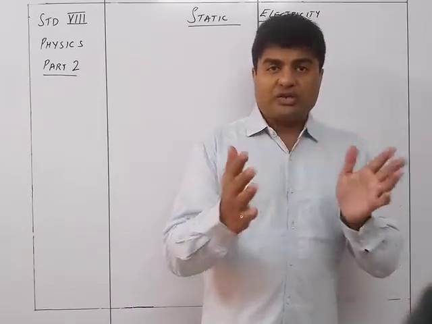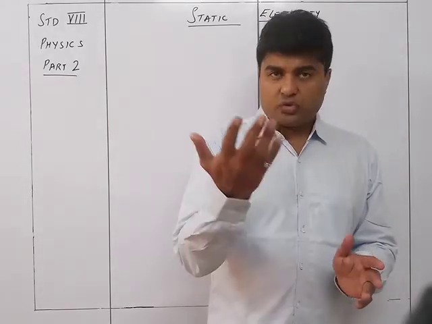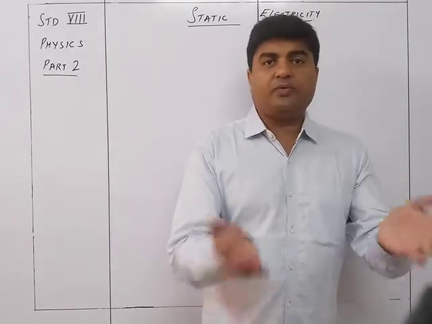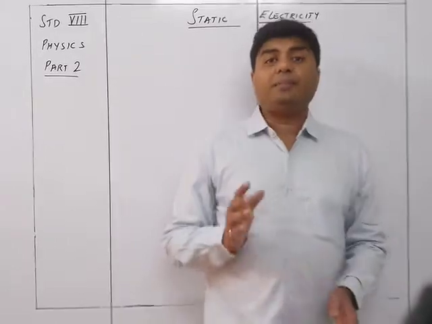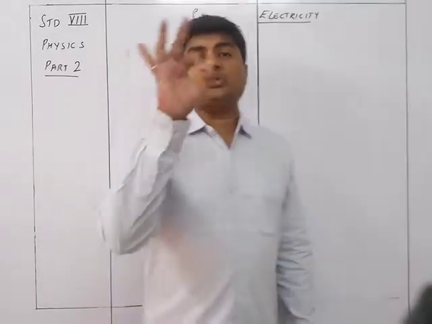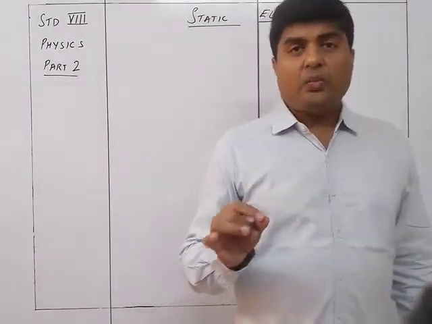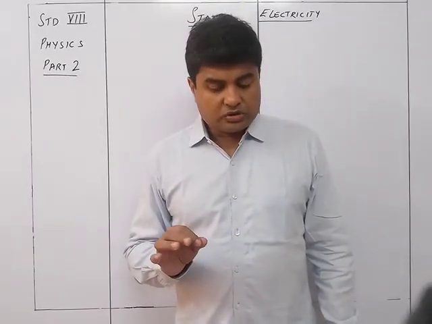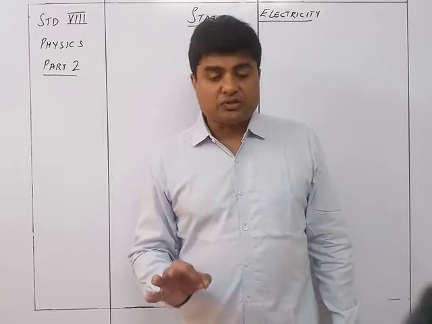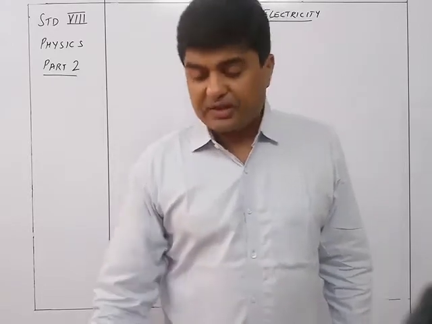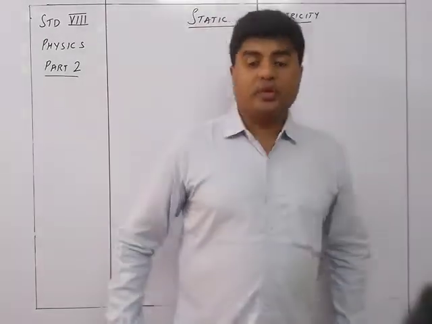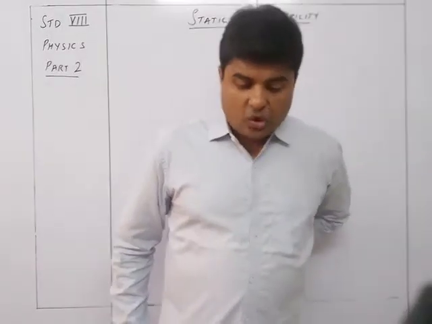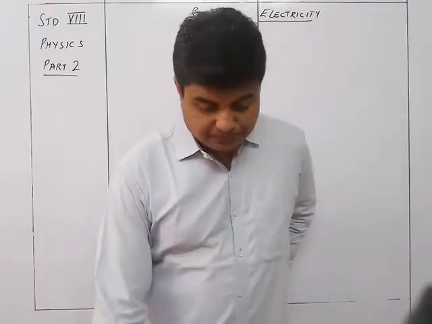So the total charge, positive over here and negative over here, will again be 0. That means the total charge of the combined system will always remain constant. The total charge of the objects before and after rubbing always remains the same. This is called conservation of charge.